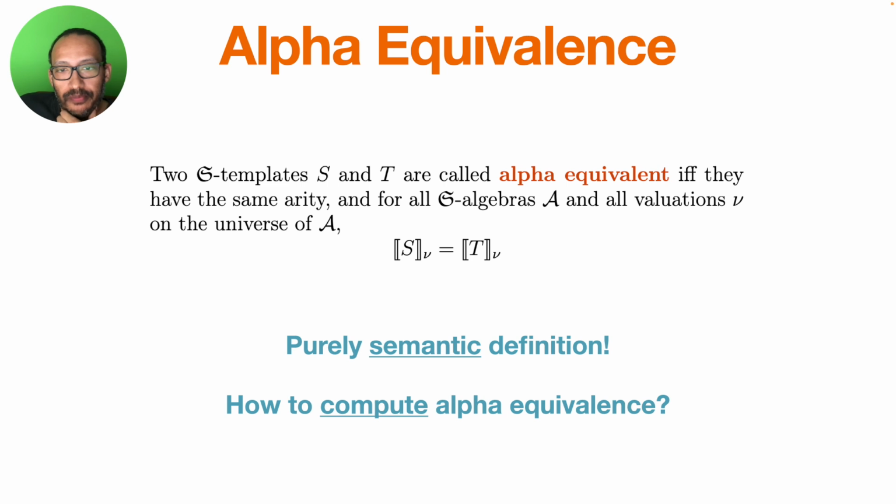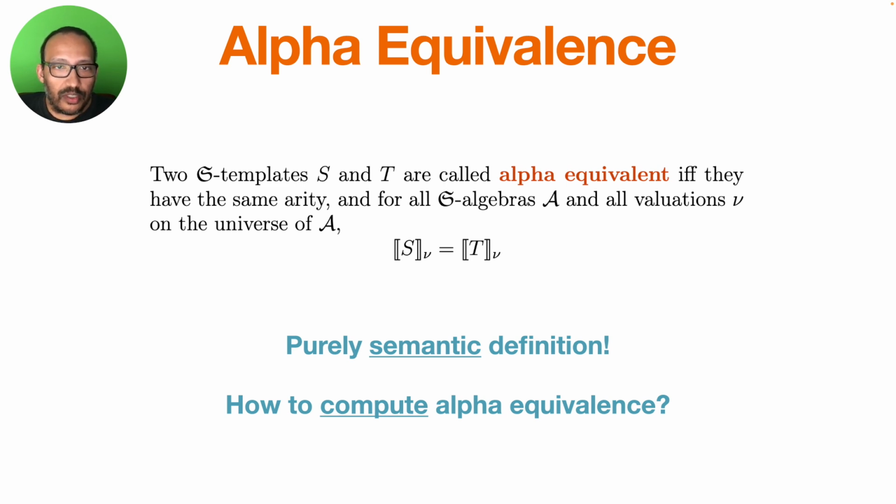All right, so now we come to a very interesting topic, alpha equivalence. What's so interesting about this in abstraction algebra is that the simplest and nicest way to define alpha equivalence is purely semantic.